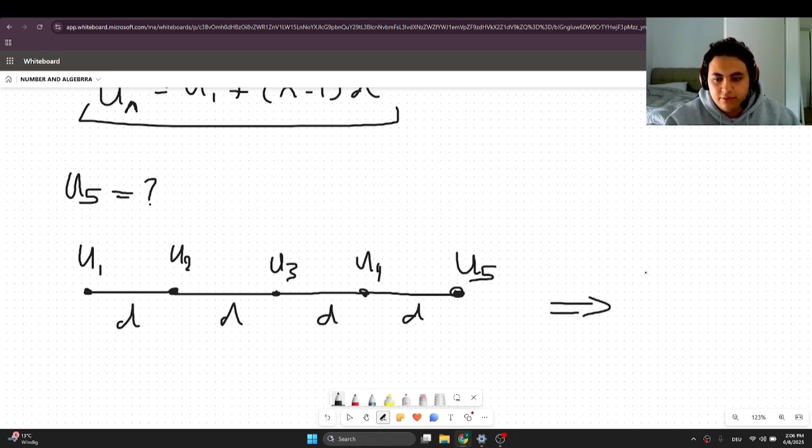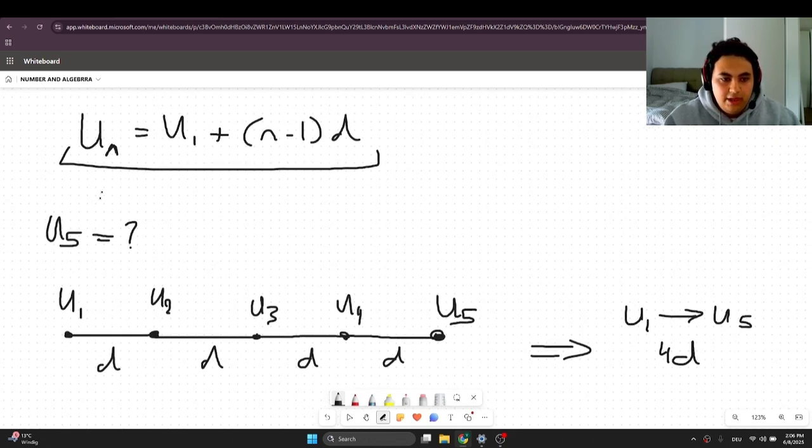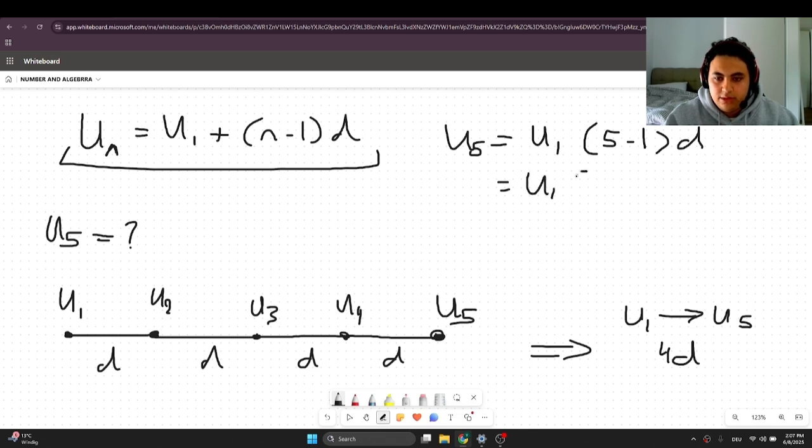In order to go from u1 to u5, you added the common difference four times, right? So look at this here. If I plug in u5 into my formula, u5 is equal to u1 plus 5 minus 1 times d, which equals u1 plus 4d.